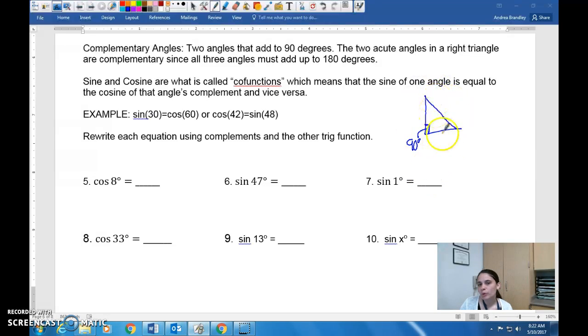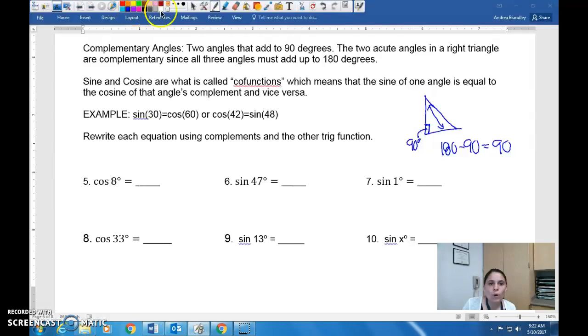So if you think about the properties of a triangle, the three angles of a triangle always add to 180 degrees. So that means that these two angles, if I do 180 minus 90, that's equal to 90. So these two angles have to add to 90 so that all three angles add to 180. So your two acute angles in a right triangle are complementary every time.